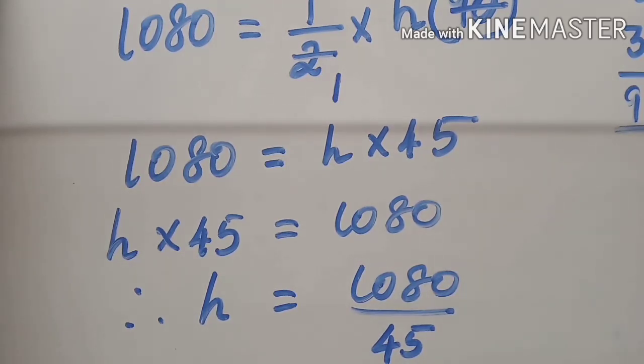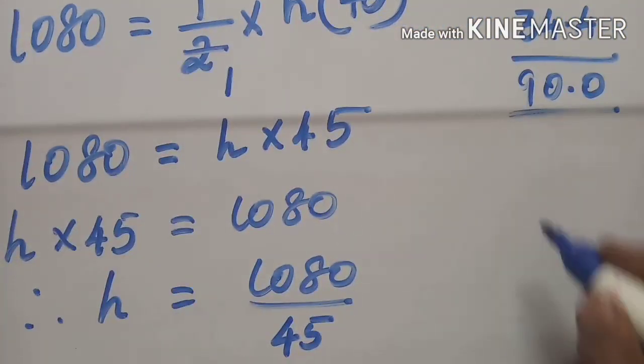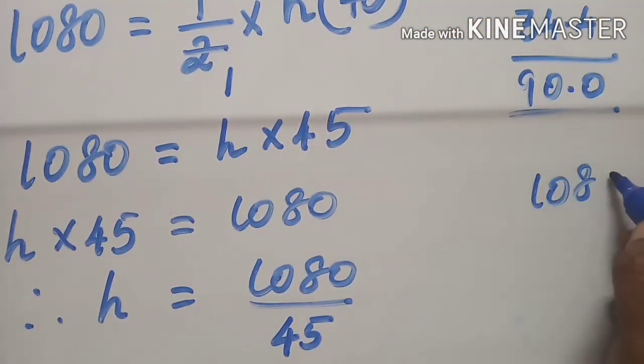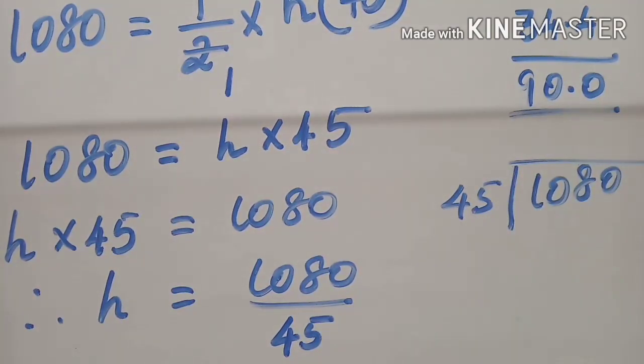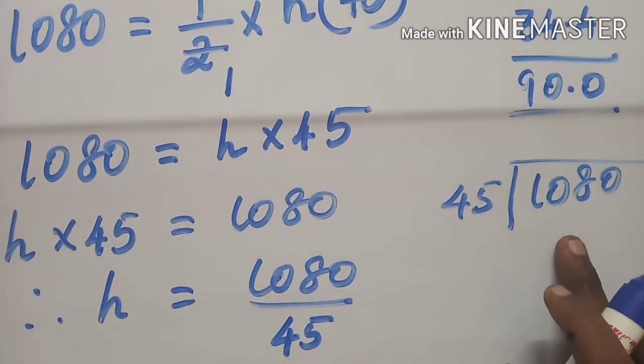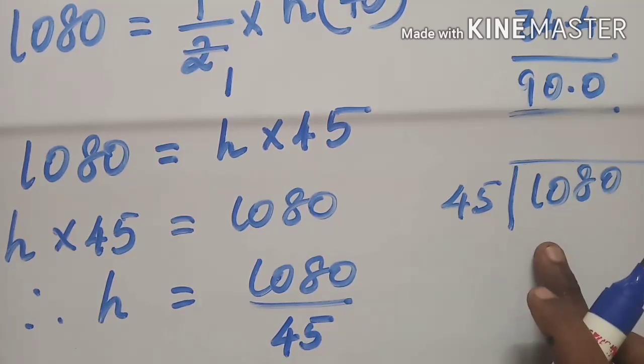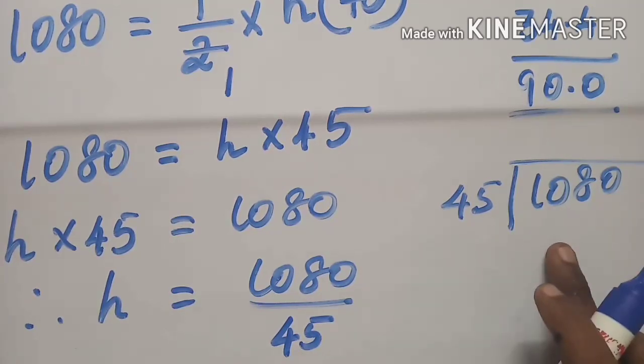H is equal to 1080 divided by 45. How many 45s are there in 108? First you have to find that. 1 45 is 45. 2 45s are 90. 3 45s would be more than 90.